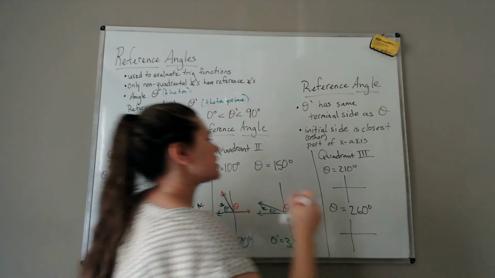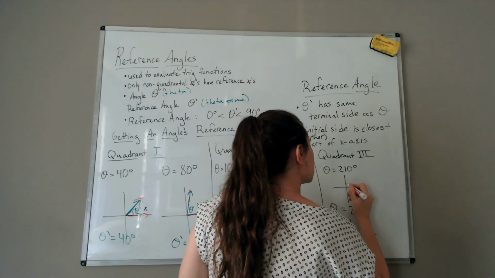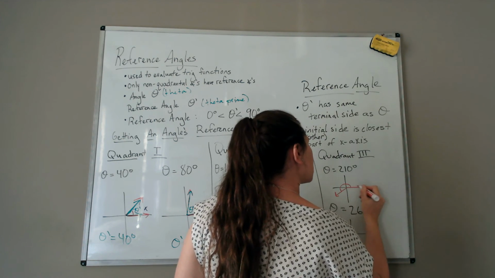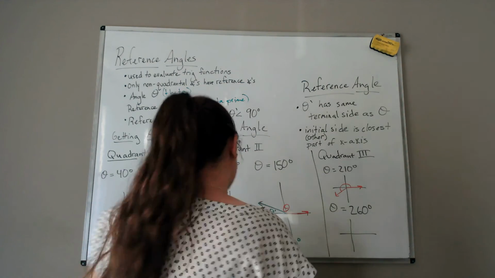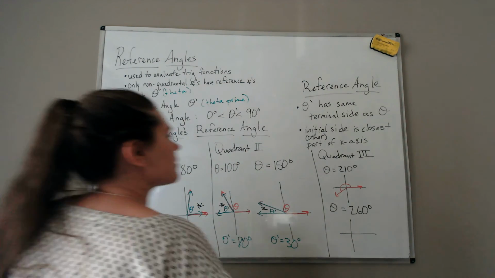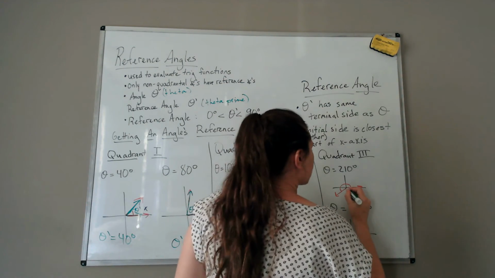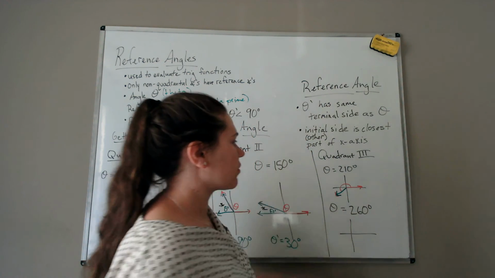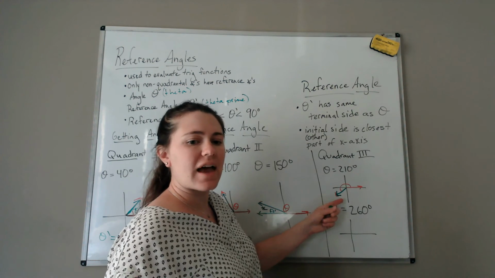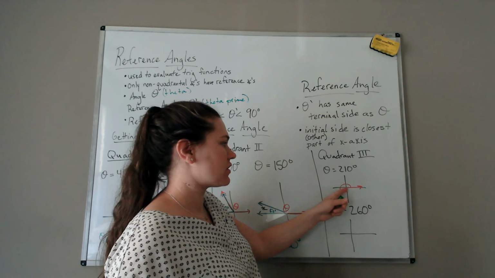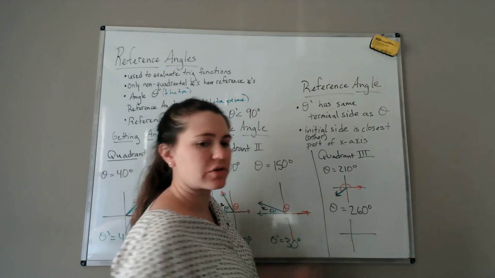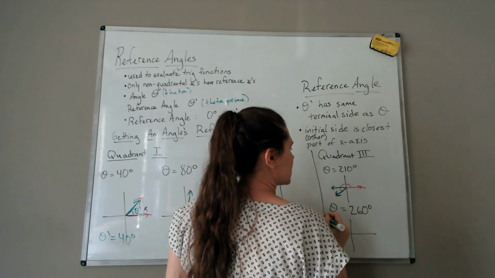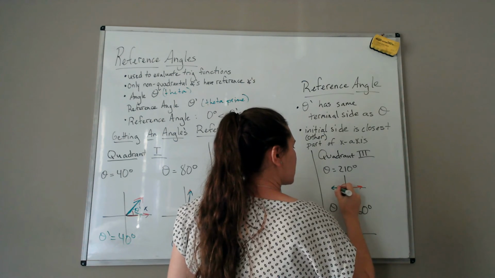So for 210 degrees, I would be rotating this much, and that would be theta. If I wanted to draw theta prime, or the reference angle, I've got my terminal side. Now where's the closest part of the x-axis? Is it the negative x-axis or the positive x-axis from the terminal side? It's right here. It's the negative x-axis. This is theta prime.